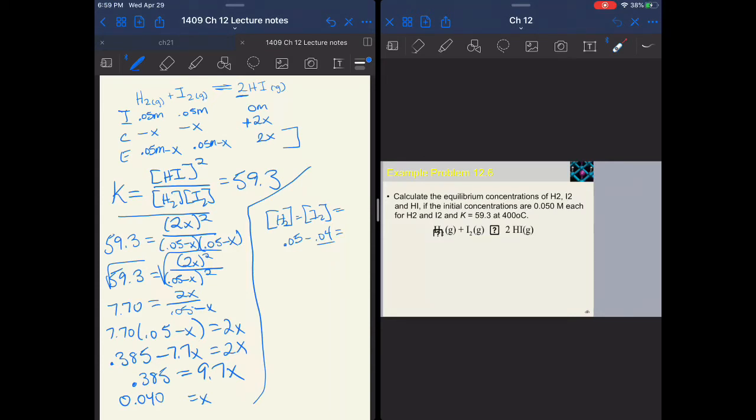So equilibrium concentrations for H2 and I2 are 0.01 molar. For HI, it's going to be 2x. So 2 times 0.04 molar equals 0.08 molar. So it looks like we have more products than reactants, and because K is bigger than 1, that makes sense.